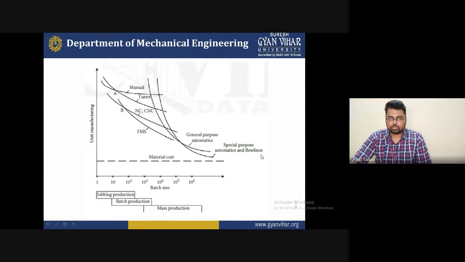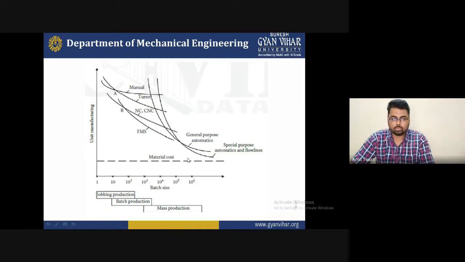In the diagram you can see the base power. If we increase the batch size, the unit manufacturing cost also changes. The cost depends on what type of machine we use. For general purpose machines you can see the chart here, and for automatic purpose machines you can check here.